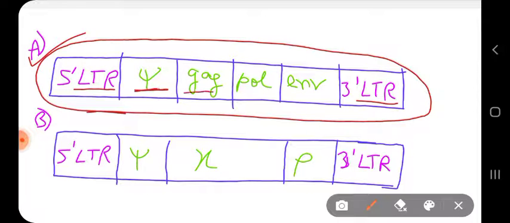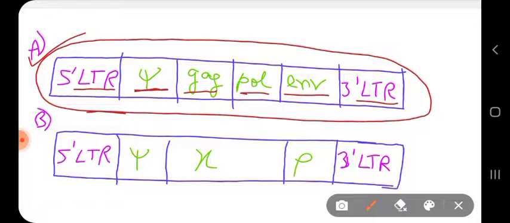The GAG gene codes for the structural protein. POL codes for an enzyme called reverse transcriptase that we have seen before, and ENV codes for the envelope protein. It is a gene that actually codes for the envelope protein.